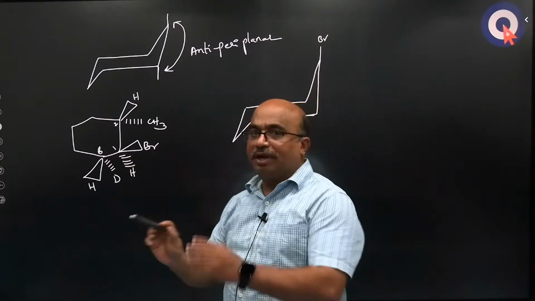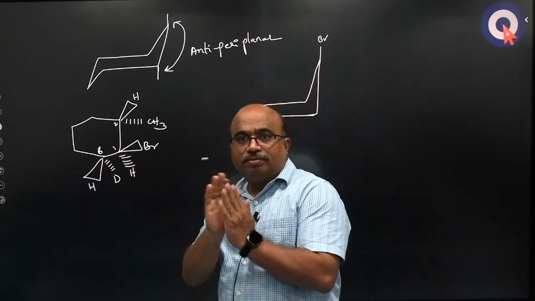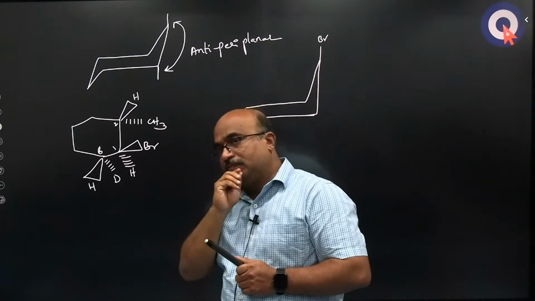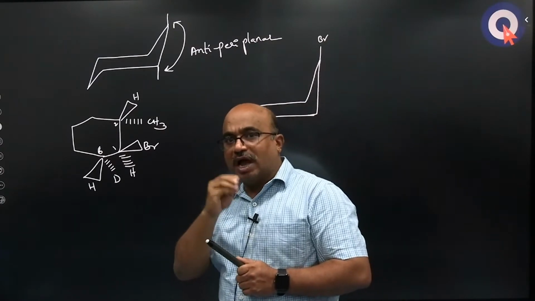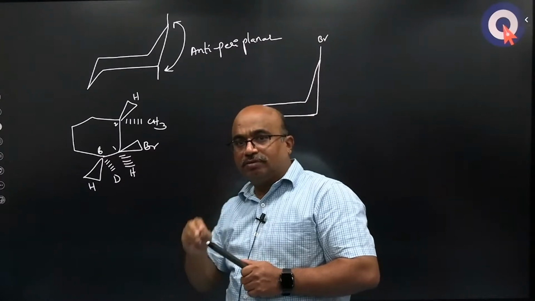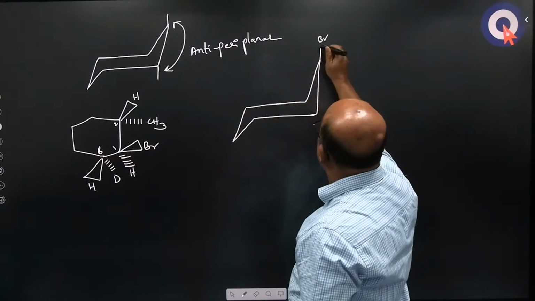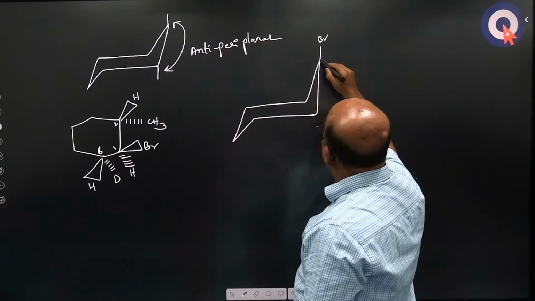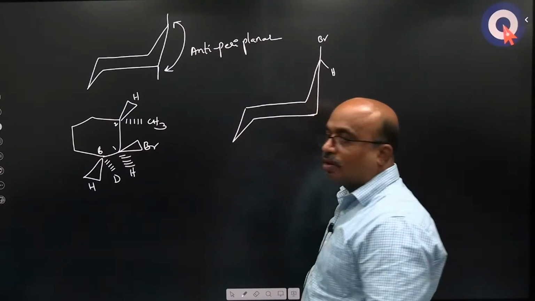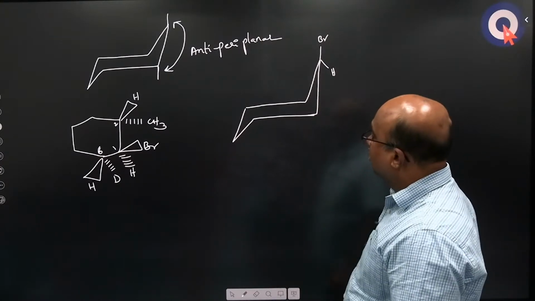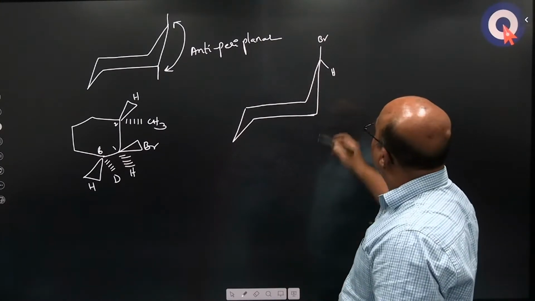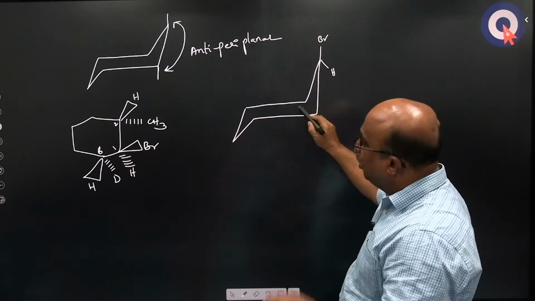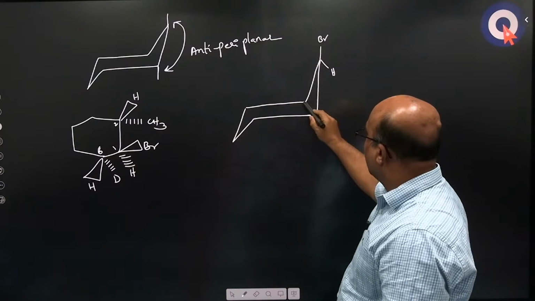When a group is in the above, the solid wedge is above and the dashed wedge is below. So here the axial bond is above, the equatorial bond is below. Means here the hydrogen is below, so the equatorial bond is hydrogen. Now what is next? You just move on. So this carbon is the second carbon, I say suppose. At this carbon, the group which is below is CH3, that is, axial is CH3.